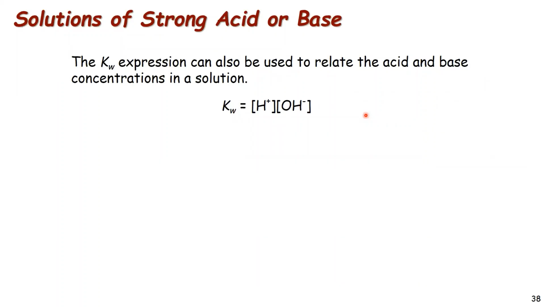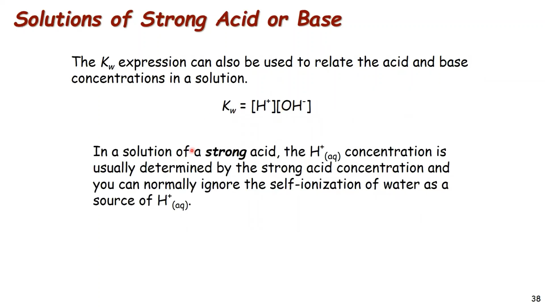Okay, so again, we're coming back to the equilibrium constant for the self-ionization of water. But now let's apply it. We've started to apply it in the last couple of examples to solutions that were either acidic or basic. Now let's start applying it to actual chemical reactions. In a solution of a strong acid, the H plus concentration is usually determined by the strong acid itself.